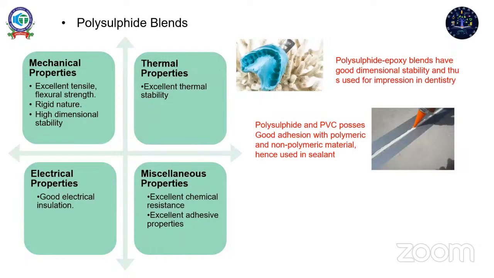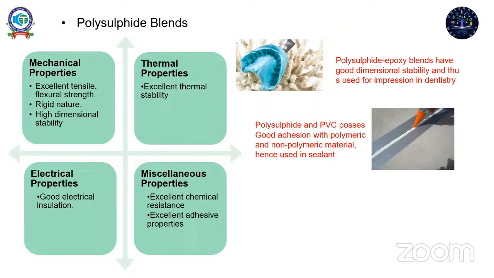Then polysulfide blends. The mechanical properties are good, for example the tensile and flexural strength. Rigidity of these polysulfide blends is high, dimensional stability is high, and thermal stability is also high.